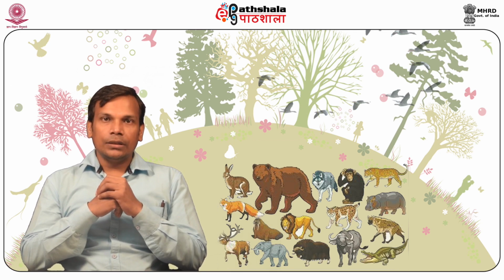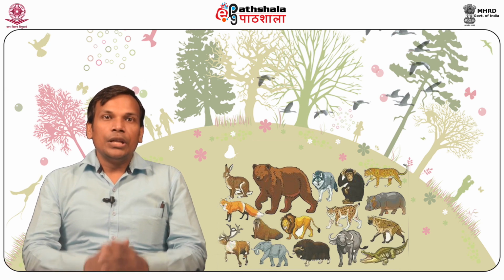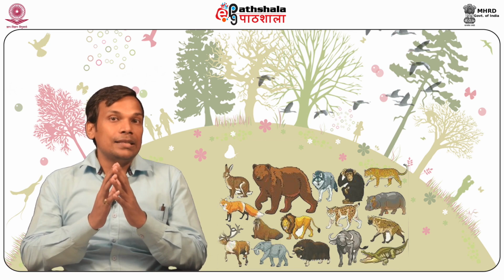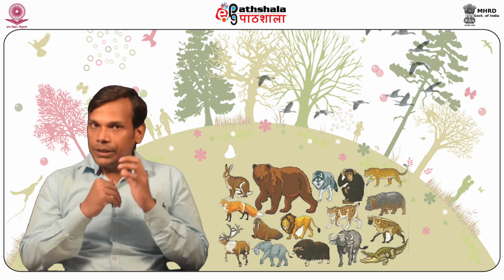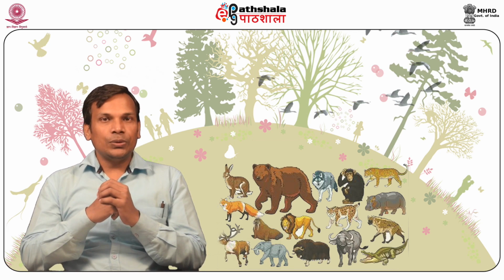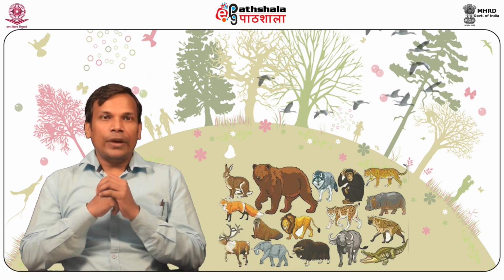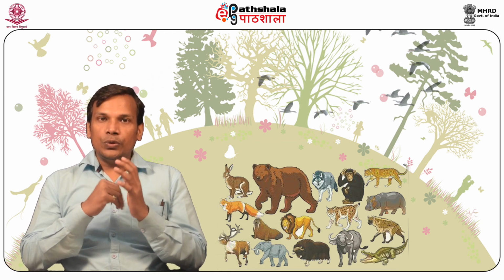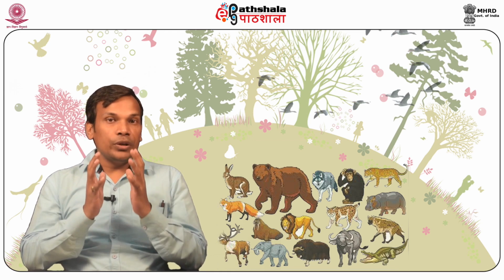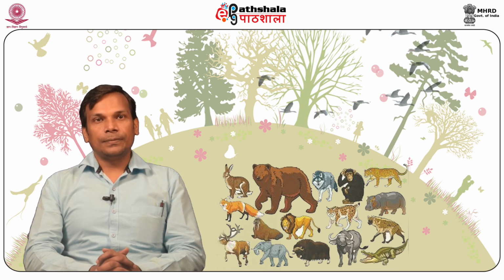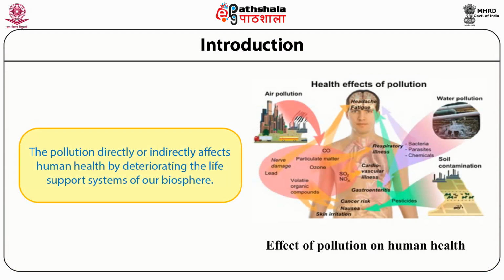According to Southwick in 1976, the problem of pollution arises because of human population explosion. The higher population leads to utilization of excessive energy, produces more waste and more sewage, and exploits natural resources. Pollution directly or indirectly affects human health by deteriorating the life supporting system of our biosphere.